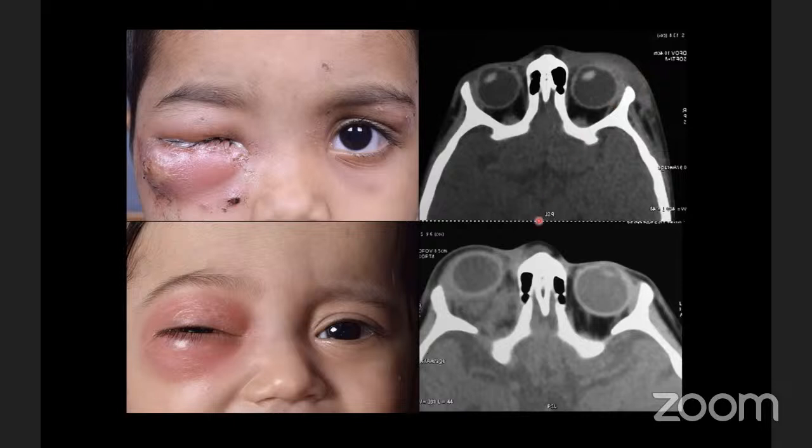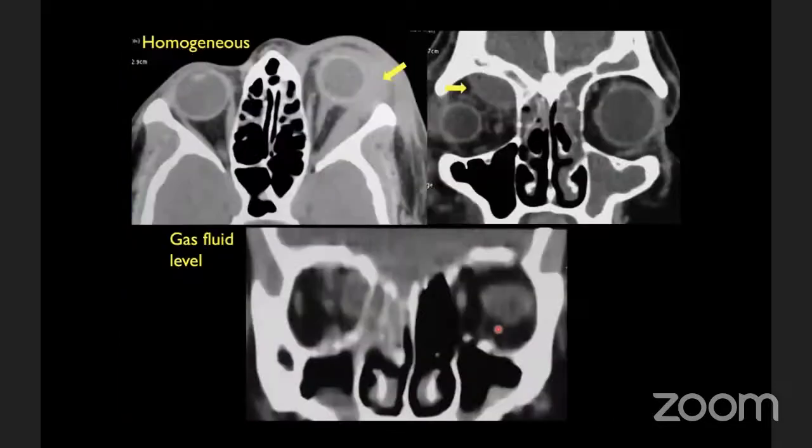Whereas in the image below, you can see patchy densities right behind the globe, and that is obviously involving the intraconal space, and that would be a stage 2 or stage 3 orbital cellulitis. When we compare preseptal to orbital cellulitis, in cases of preseptal, it is most of the time homogeneous.